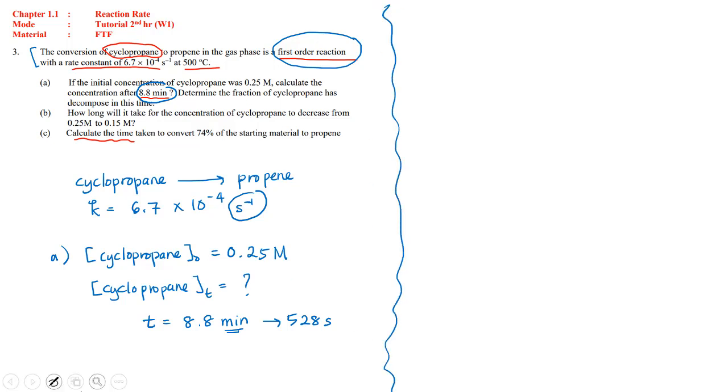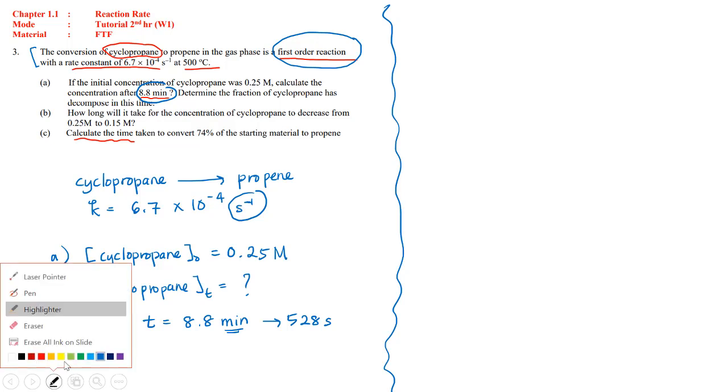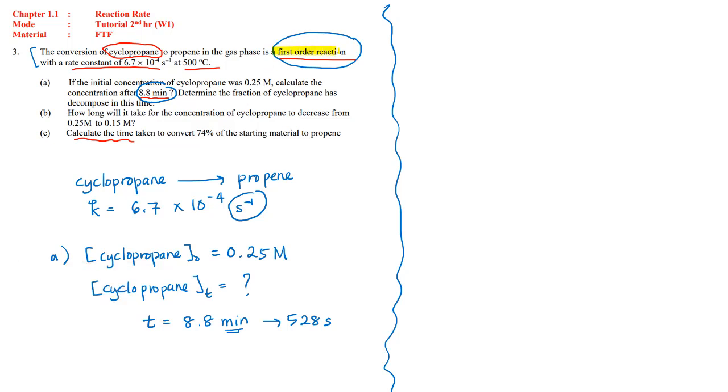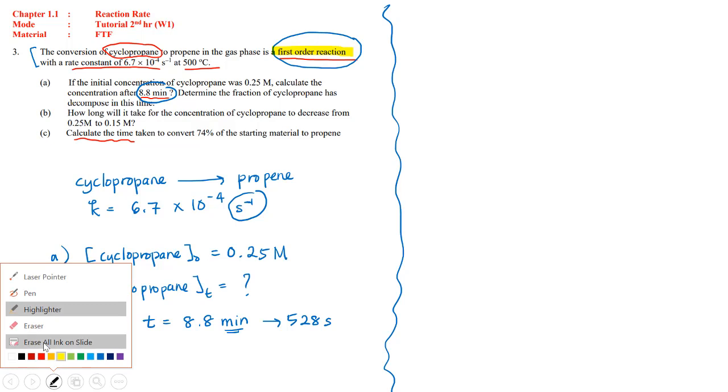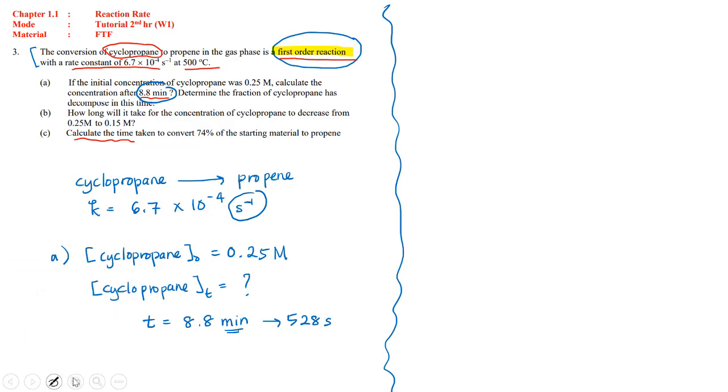Okay. So now, since it is first order reaction, and now we are going to calculate the concentration of cyclopropane after 8.8 minutes. We are going to use the integrated rate law for first order. Right. What is the formula?